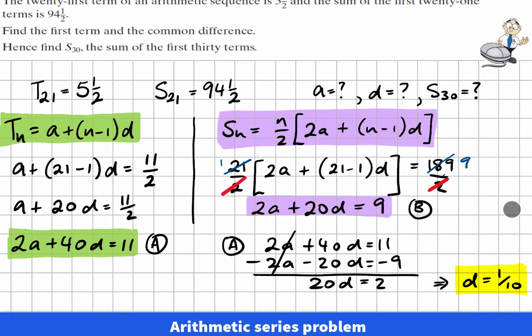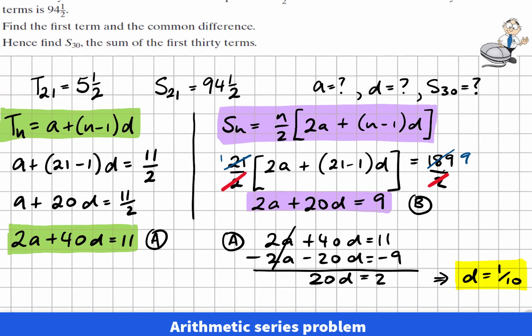I want to know what A is as well. I have the answer for D, so to find out what A is, I'm going to sub this back into maybe equation A. Or equation B looks smaller actually. So if I sub this into B, I know that 2 times A plus 20 times 1/10 is equal to 9.